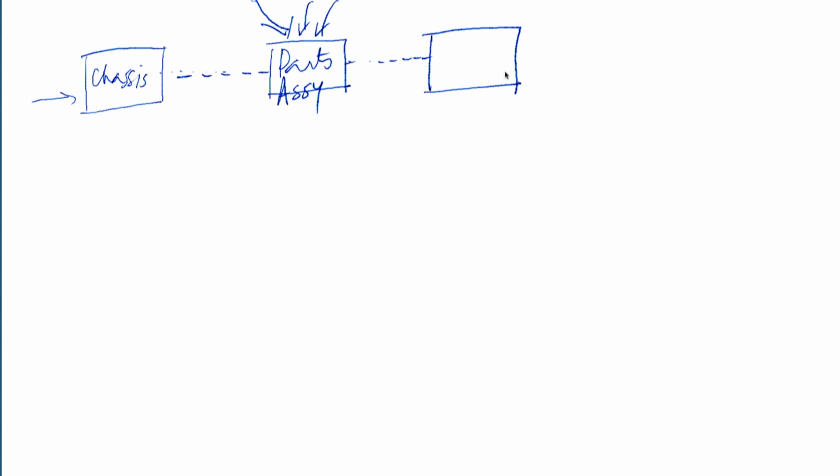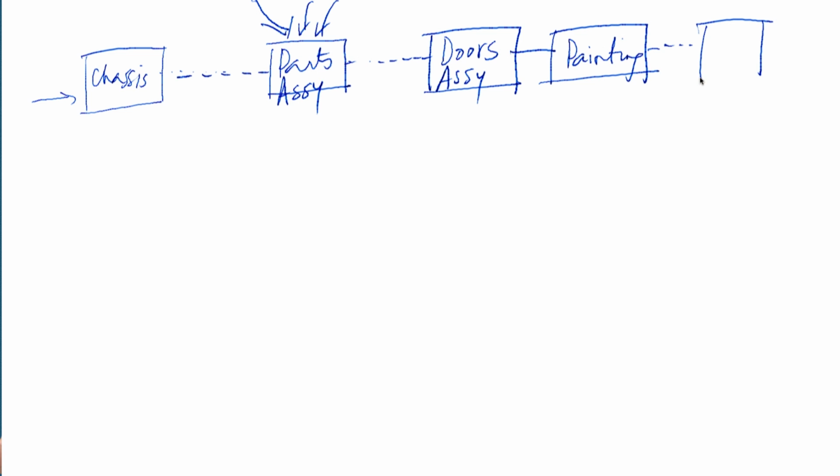Then the doors, let us say, are added to the car. Then it goes through a painting booth where the color of the car is painted. Then there are several stations, several checks are done, and finally you have the final quality check and the car rolls out.